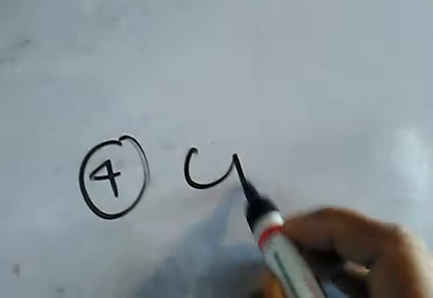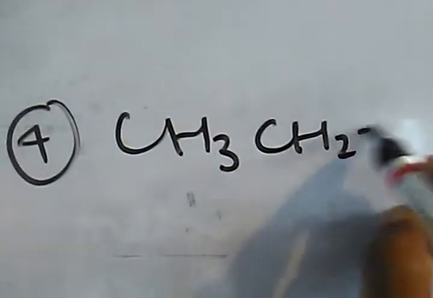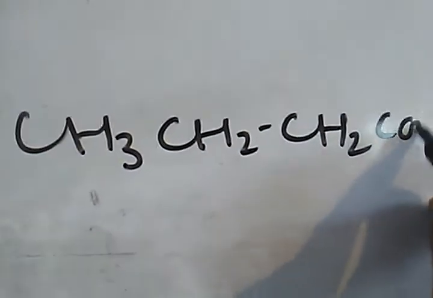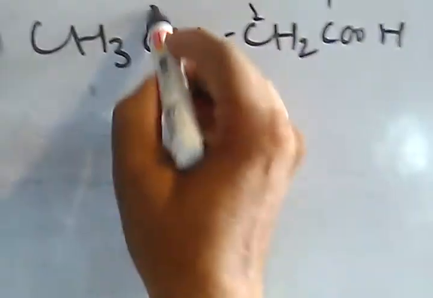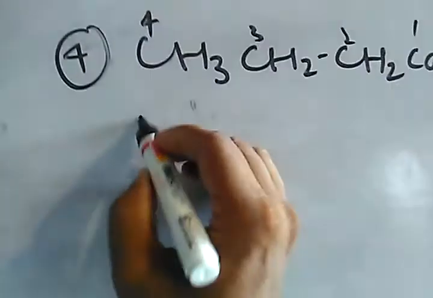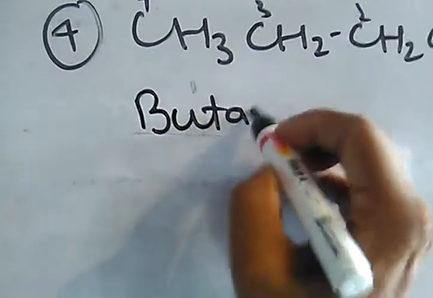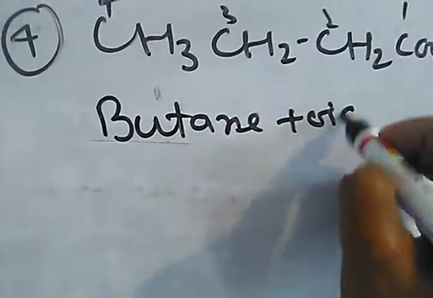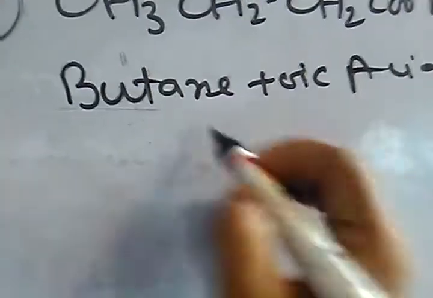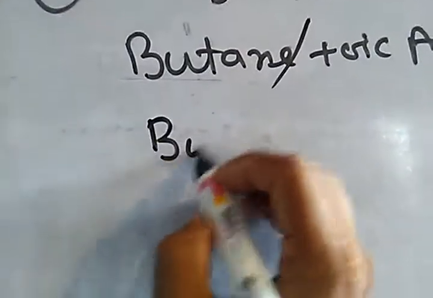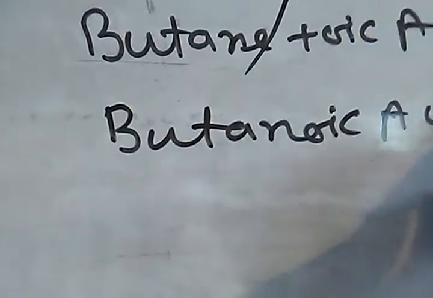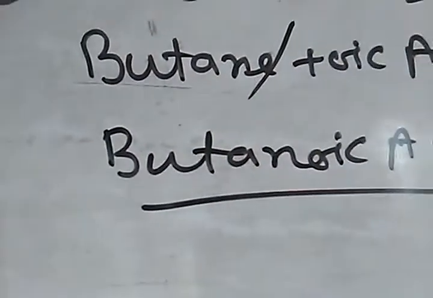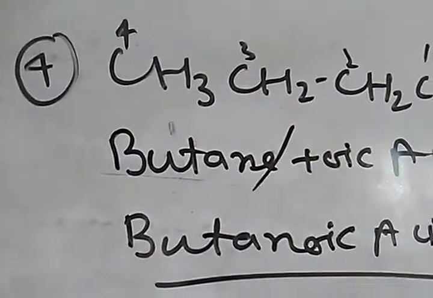Next, CH3CH2CH2COOH. There are 4 carbon atoms in this compound. That's why butane plus oic acid. E will be removed and it will be called butanoic acid. It is the IUPAC name of this compound.